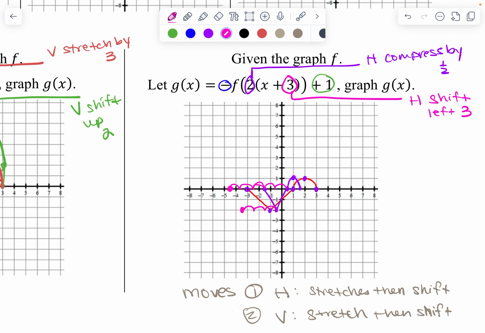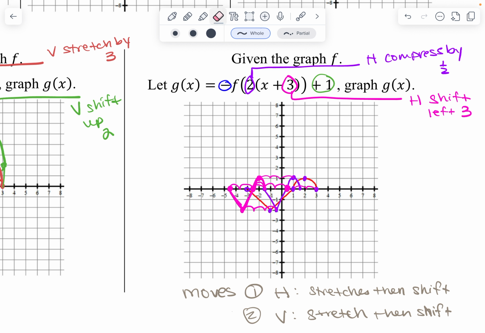Here we go. 1, 2, 3. Okay. Hopefully you're color coding this so you can really see what's going on here. Okay, so that's that hot pink change.